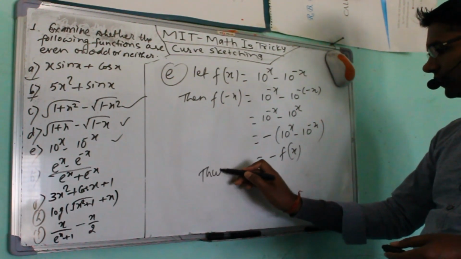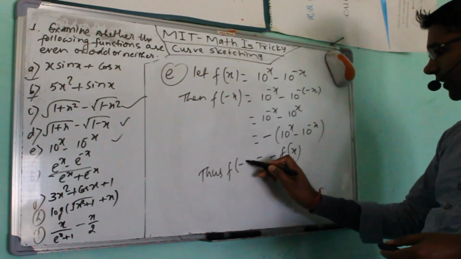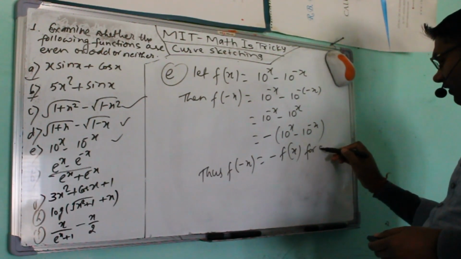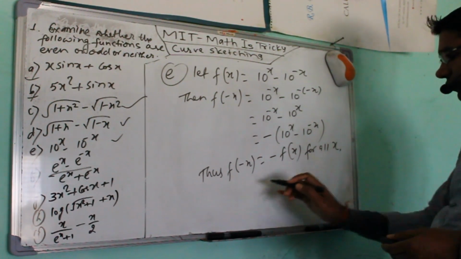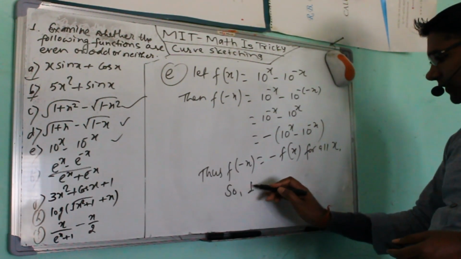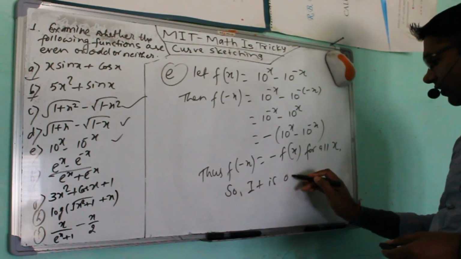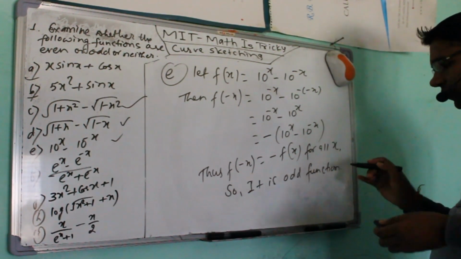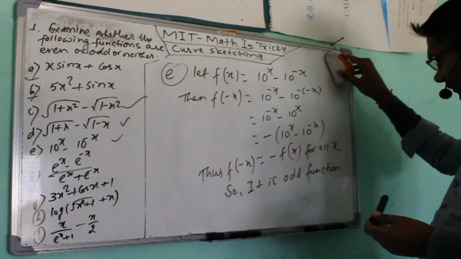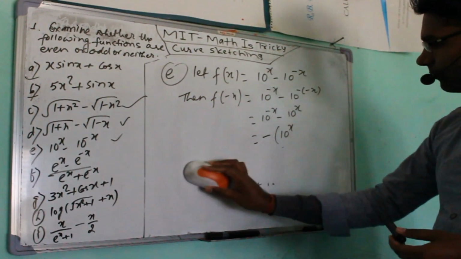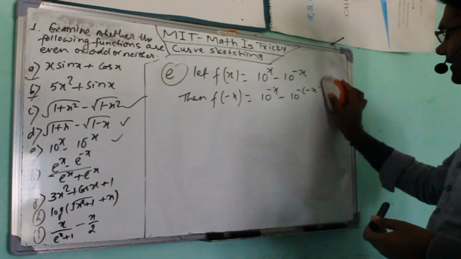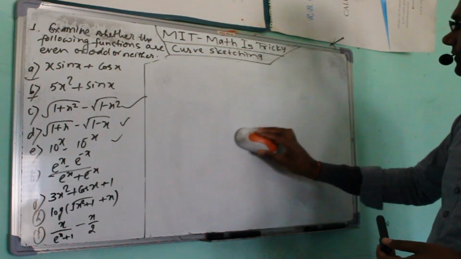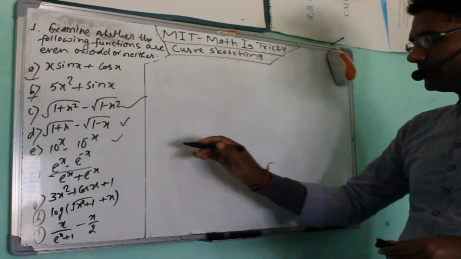Thus we have f of minus x equals minus f of x for all x, so it is an odd function. Remember, to be an even function, f of minus x must be f of x. To be an odd function, f of minus x must be minus f of x.